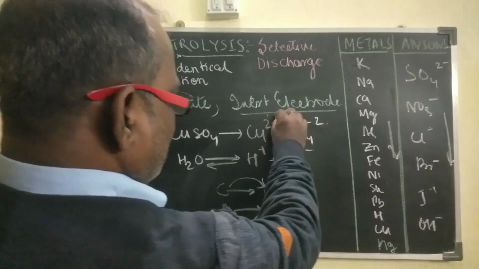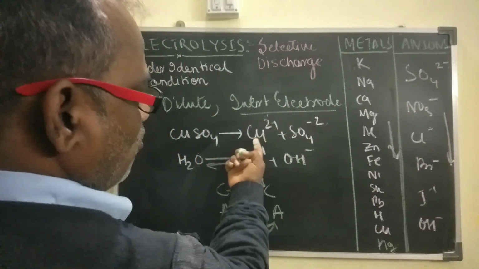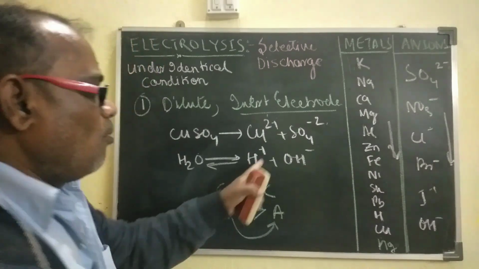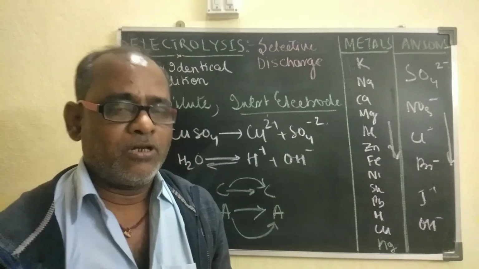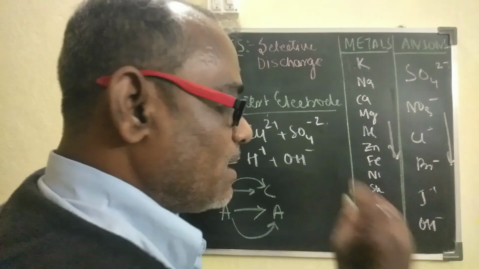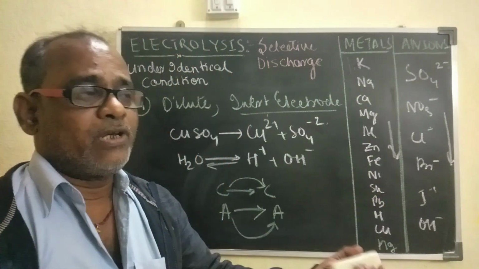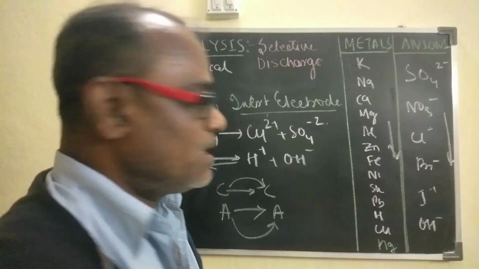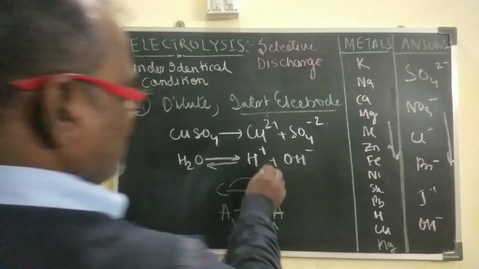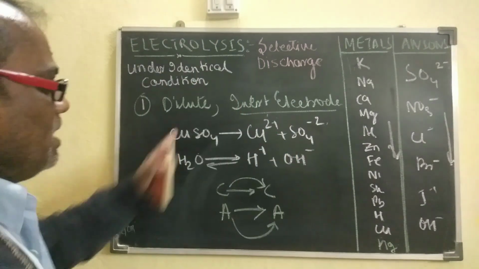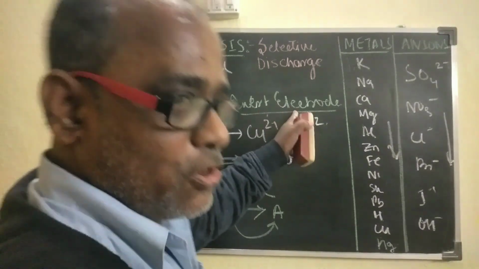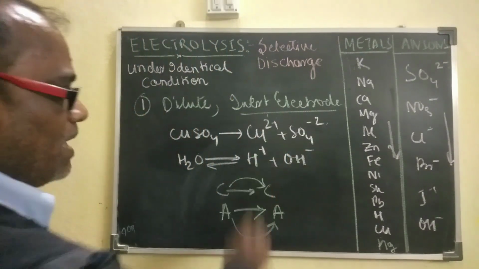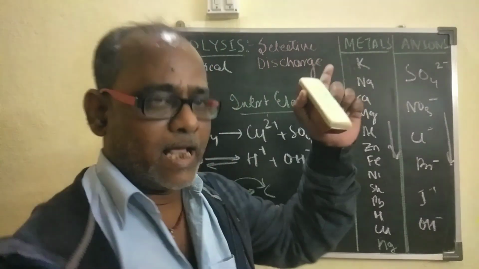Here we are getting cations as copper and hydrogen. Both are cations, so they both will try to migrate towards the cathode. But the question is which one will discharge there. Under the ideal condition, in which it is taken as dilute with an inert electrode, copper and hydrogen will migrate towards the cathode.